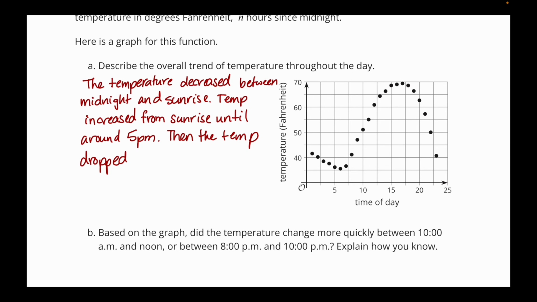Or we'll say decrease. We're really trying to use the words increased and decreased. So we'll say then the temp decreased again. Okay, so that's our overall trend.